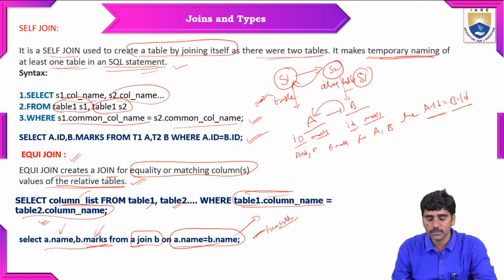And equi-join is a type of join which displays the values based on the equality or matching columns from the two tables. So this is all about performing joins and types of joins on two or more tables.